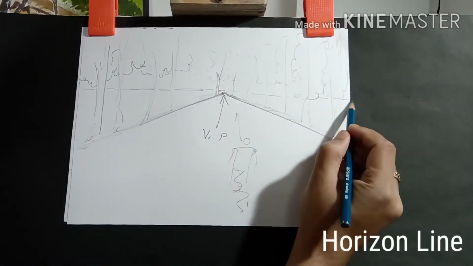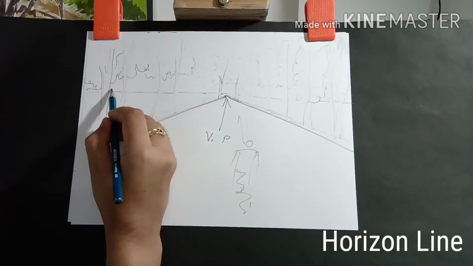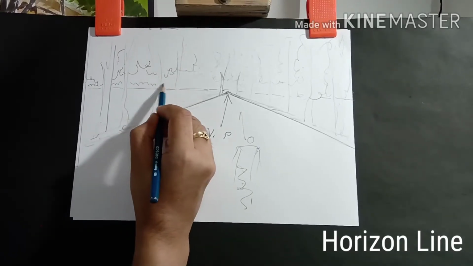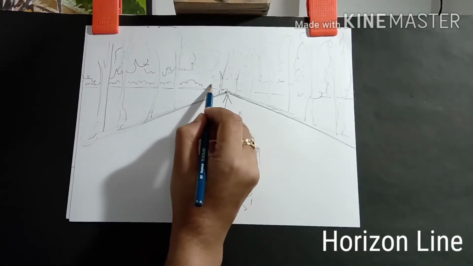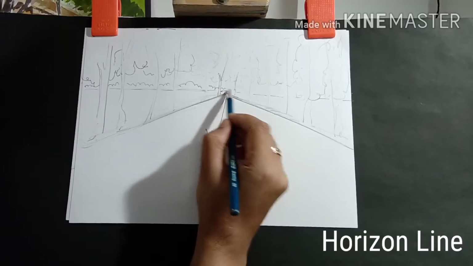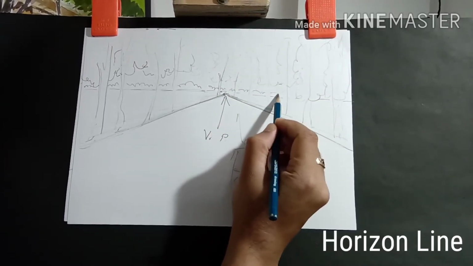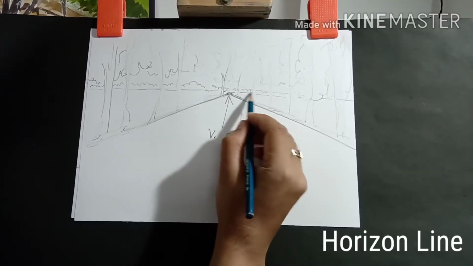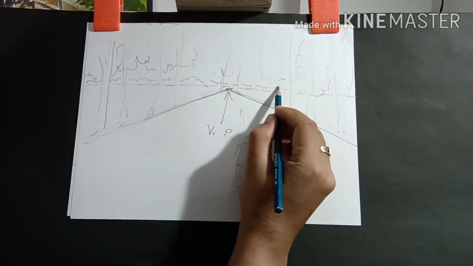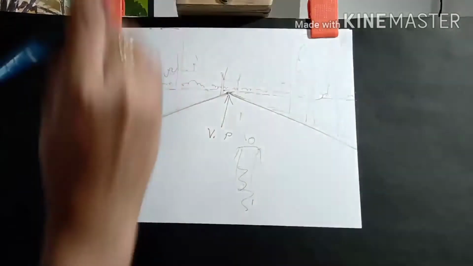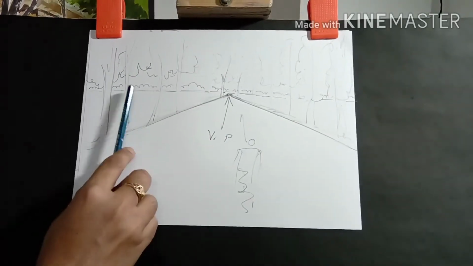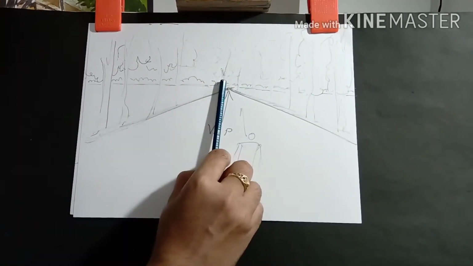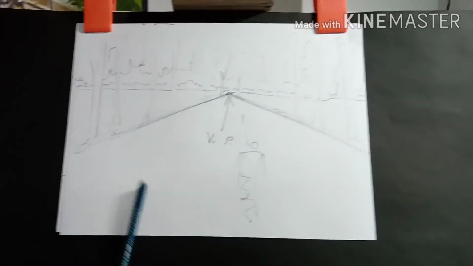It is called horizon line. So in drawing horizon line and perspective are very important parts.